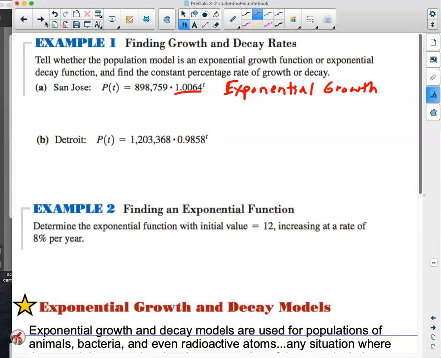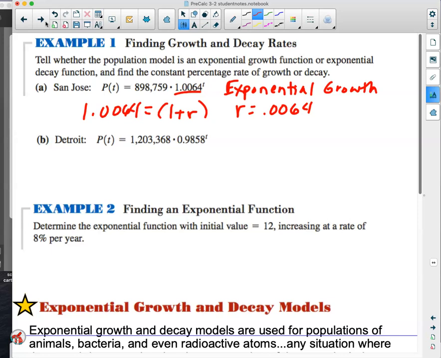So that was the first thing they wanted us to do, was say, hey, exponential growth here. And then find, it says, the constant percentage rate of growth or decay. So I have to remember that this came from 1 plus r. Well, I think we can do this little bit of math in our head. Take the 1 off of there, and you have 0.0064. But we like to write those as percentages, and that's what it said right there.